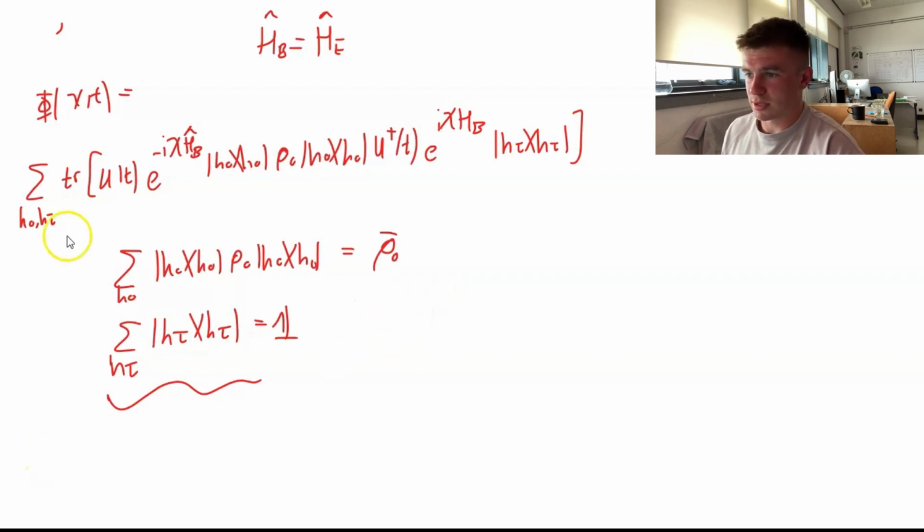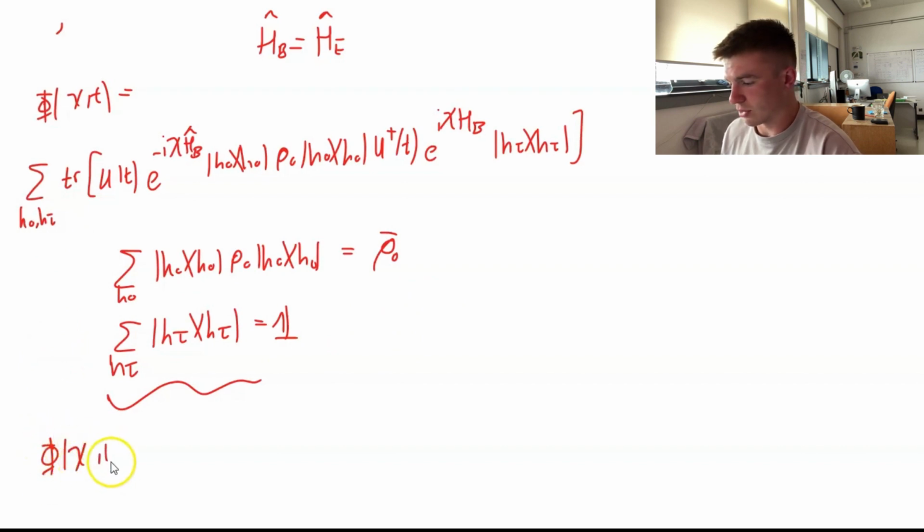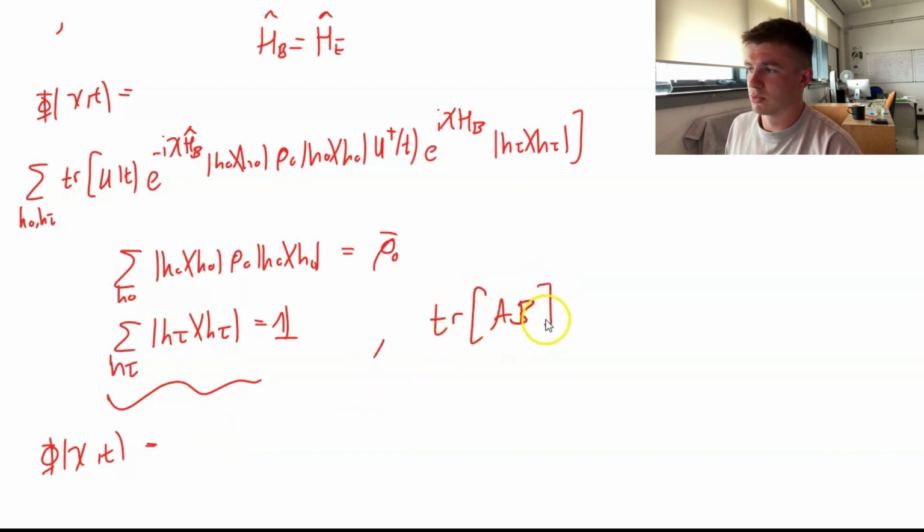And what that's going to do is allow us to rewrite the characteristic function in a very nice form. Okay, and I'm also going to use the cyclic property of the trace, which is that the trace of AB, where A and B are operators, equals the trace of BA.